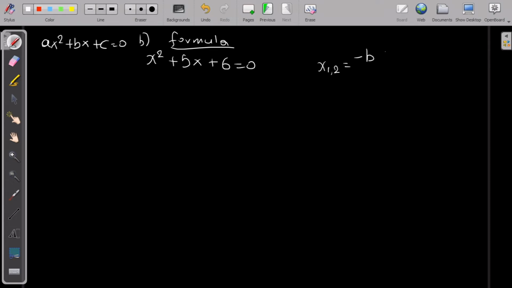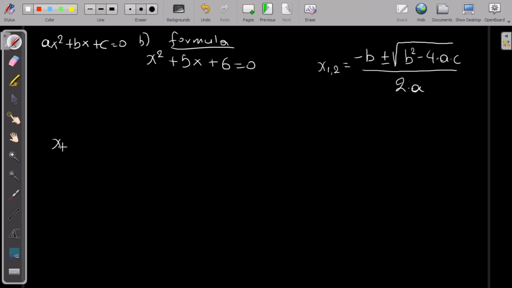So it's minus b plus or minus, because I have two solutions, the square root of b squared minus 4 times a times c, over 2 times a. It's a simple substitution. If I substitute correctly and do the calculations, I can immediately find the solutions.